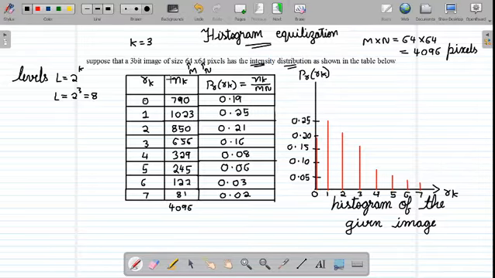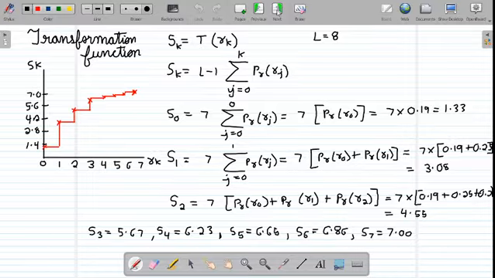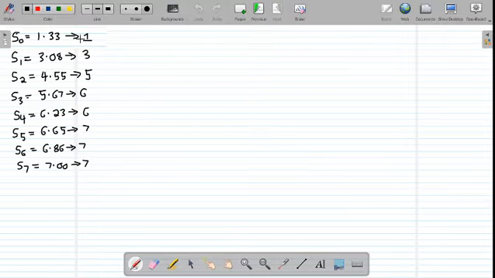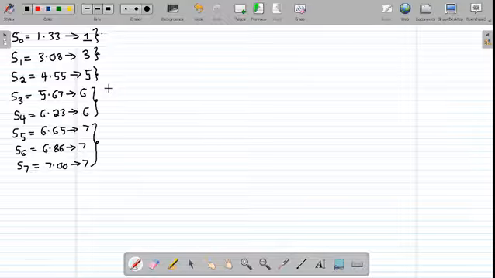Whereas here we have only 1, 3, 5, 6 and 7, which are 5 levels. So the 8 levels are reduced to 5 levels when we apply the transformation function.